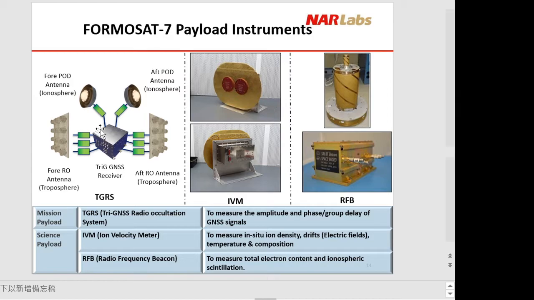There is another science payload called RF Beacon. It is to measure the electron content and atmospheric scintillation. On the right-hand side, the upper one is the antenna and the lower one is the electronics. Again, for all 6 satellites, we have identical mission payload and science payload.